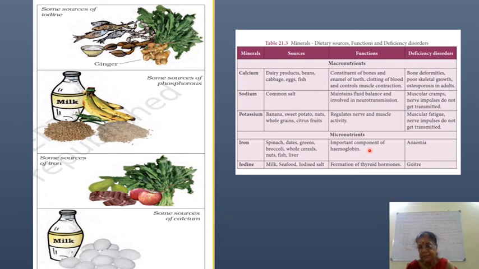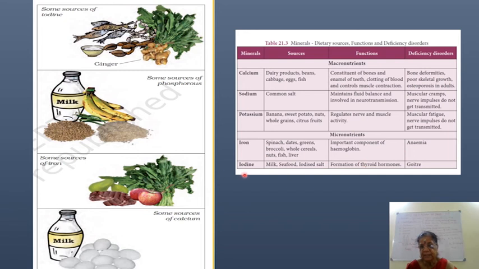And globin is a protein. So if the RBC, red blood corpuscles, is not having sufficient iron mineral, the person will be suffering from anemia. So lack of RBC leads to the condition called anemia.